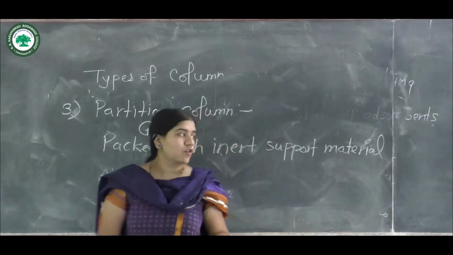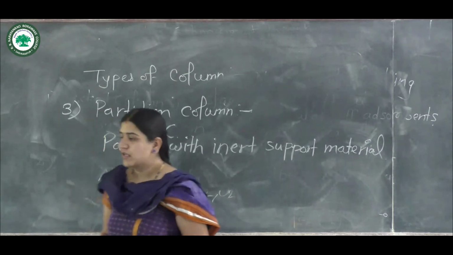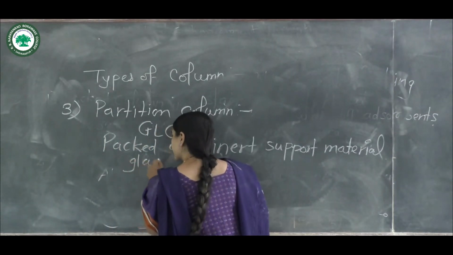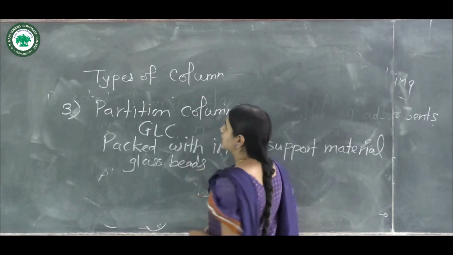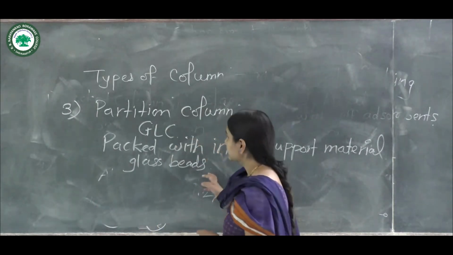So partition columns are packed with the inert support material. Basically glass beads are used for the preparation of partition columns.